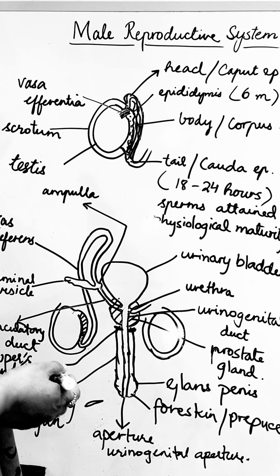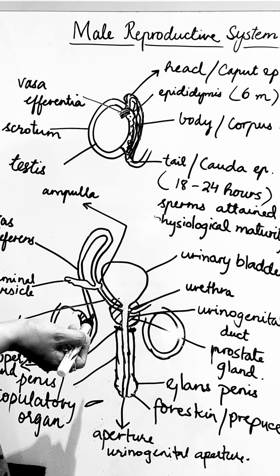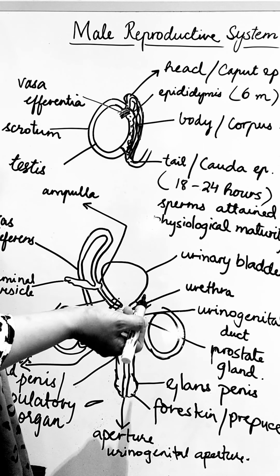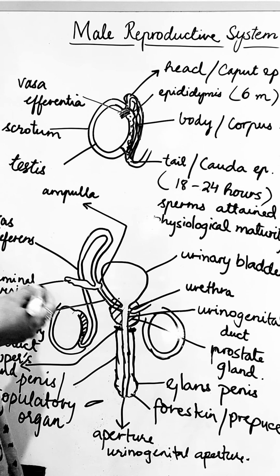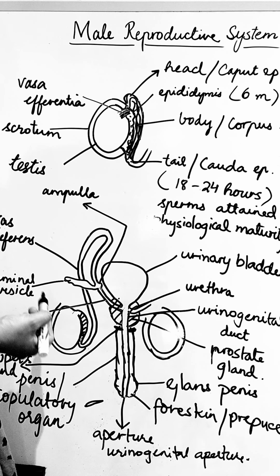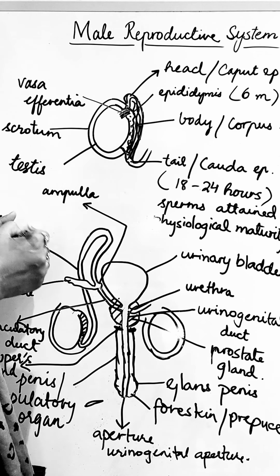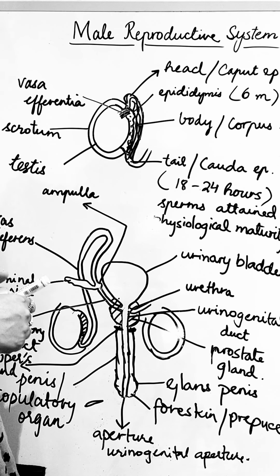So this is all about the conduction of sperms in the male reproductive system. In my next lecture, I will discuss these three glands and their secretions, what the secretion of these glands is and why it is helpful in the whole conduction and mobility of sperms. So in our next lecture, I will tell you about these glands and other structures.